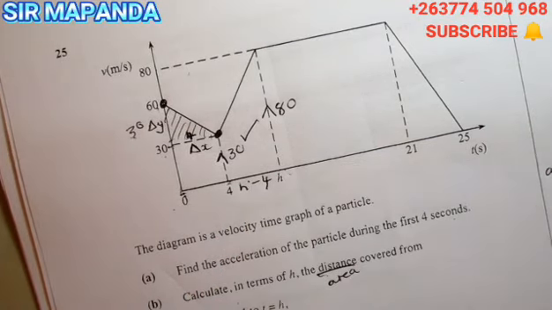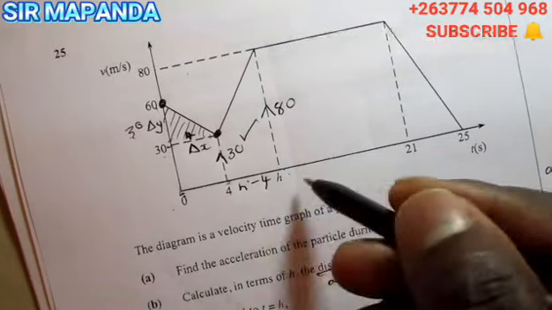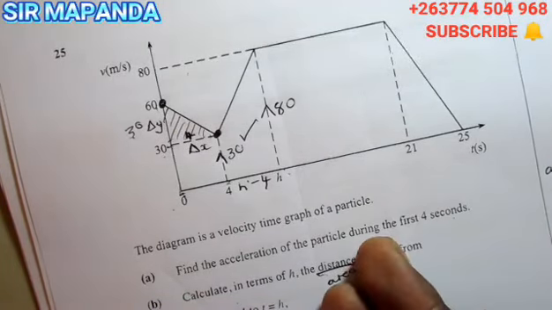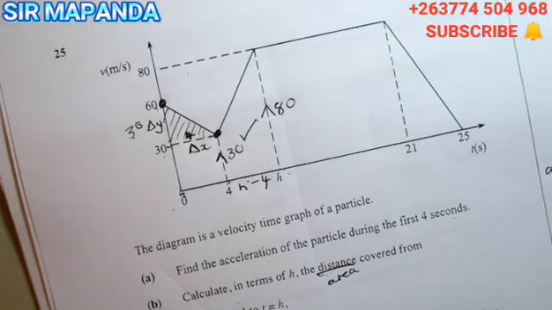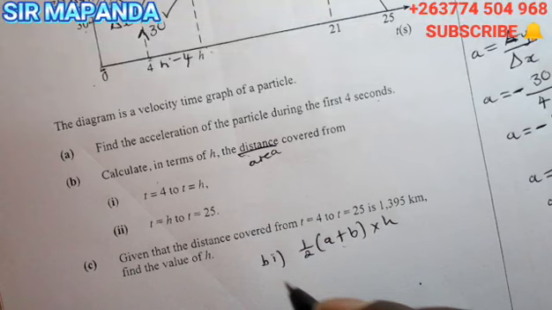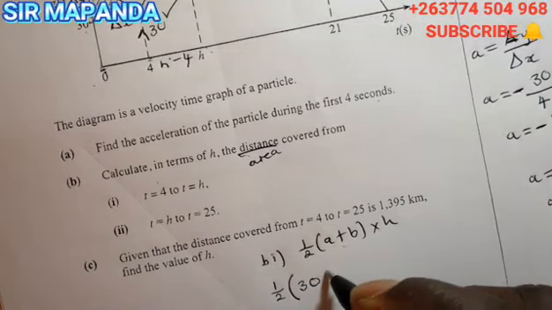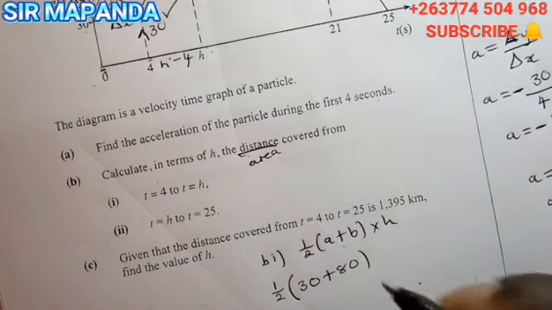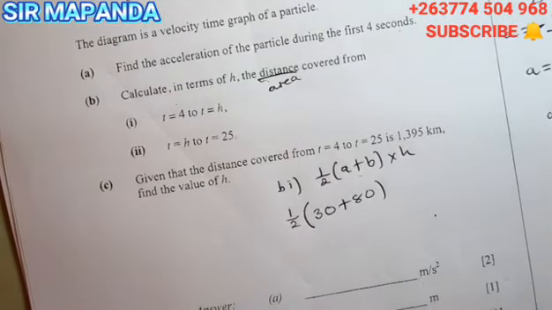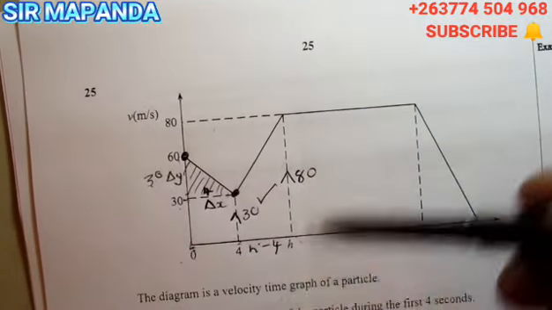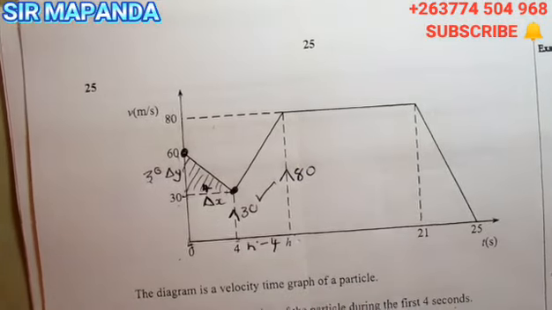The number in front is the one which is less the number before. So h minus 4 is, you don't write 4 minus h, but h is the one which less is 4. I hope you are listening. Substitute this into the formula. Half, open bracket, 30 and 80 are the ones which are going to represent a and b, since a and b are the sides which are moving in the same direction.